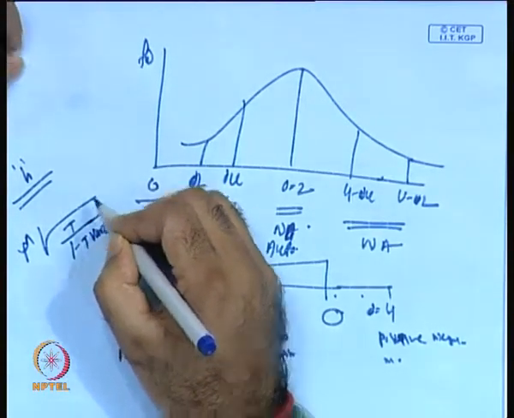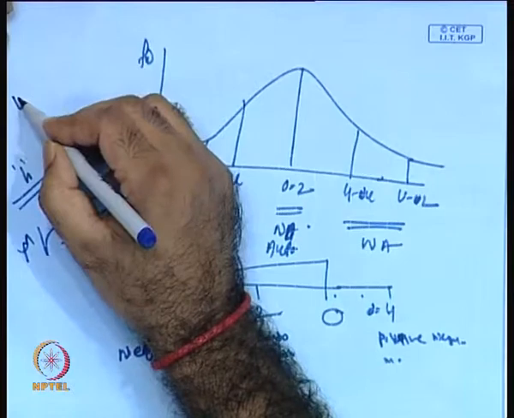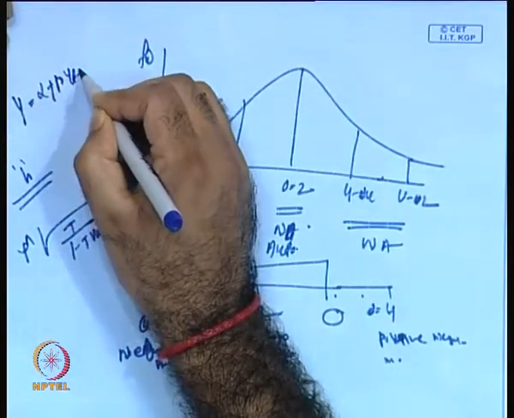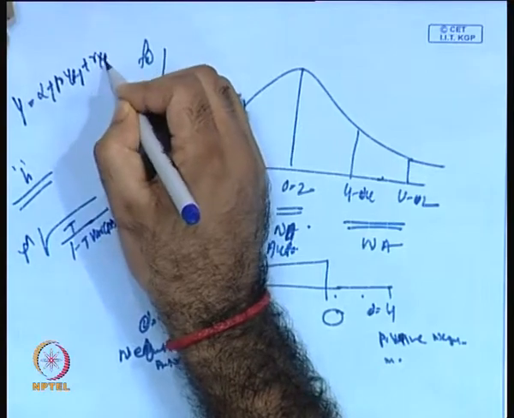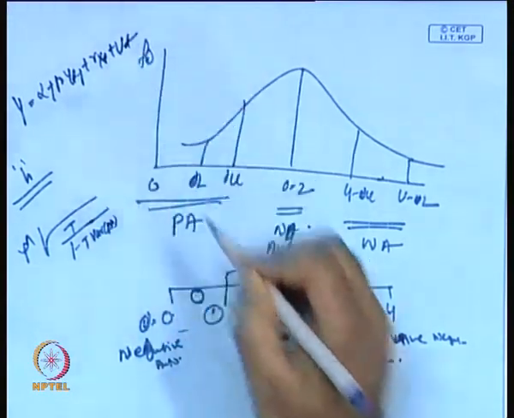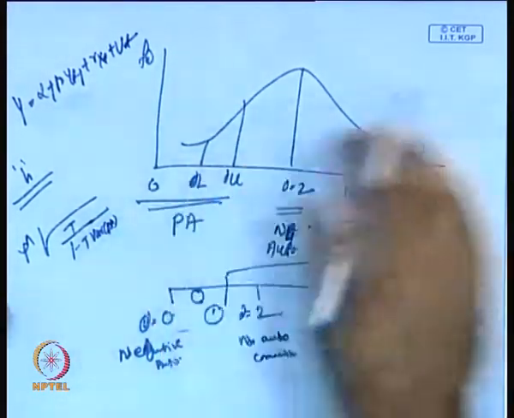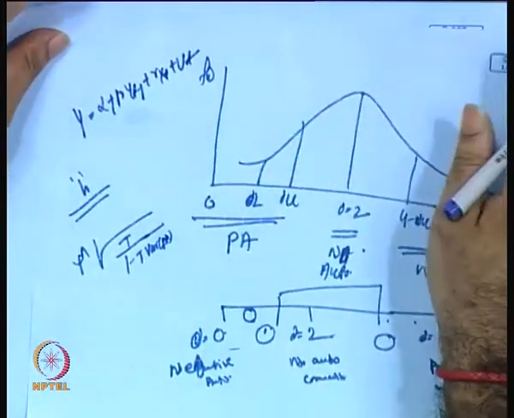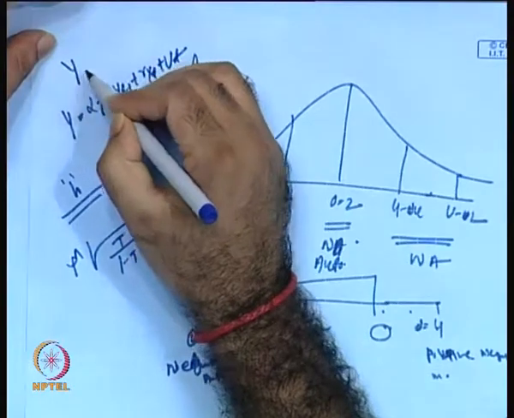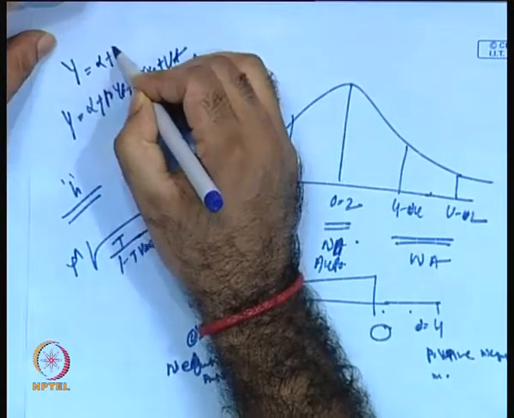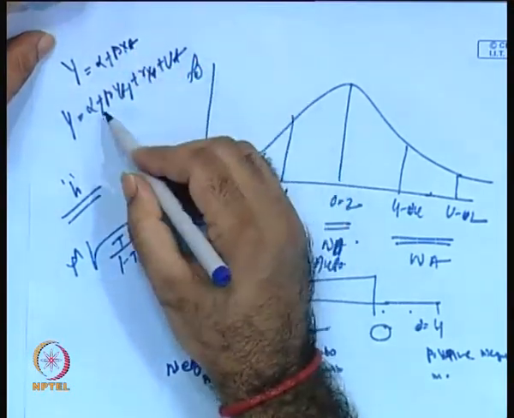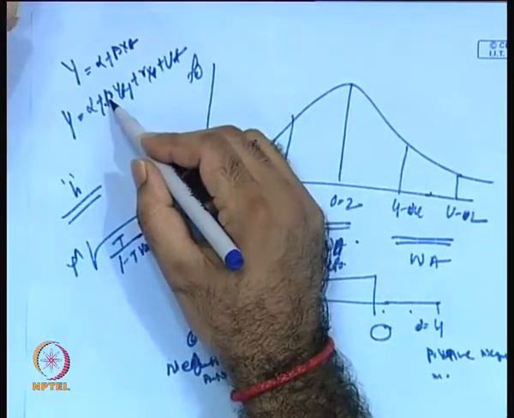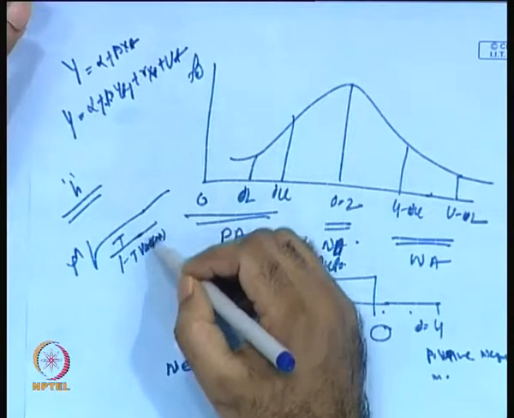Provided the model is like this: y equal to alpha plus beta y(t-1) plus gamma x_t plus u_t. This is the model which we derived, but ultimately our starting model is y equal to alpha plus beta x_t. You can put beta here or rho here, no problem at all, we are just interchanging.